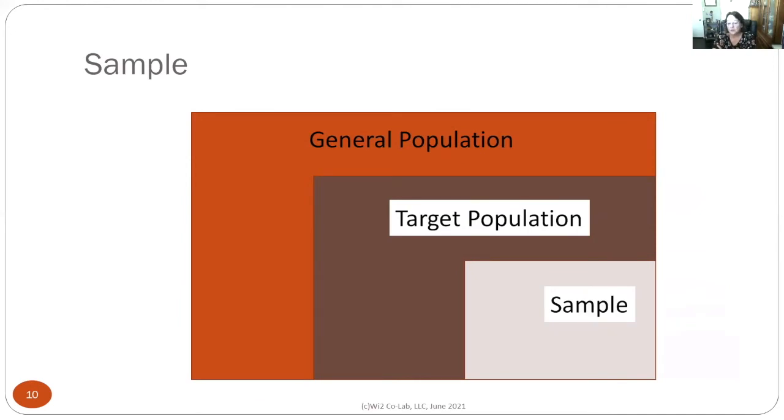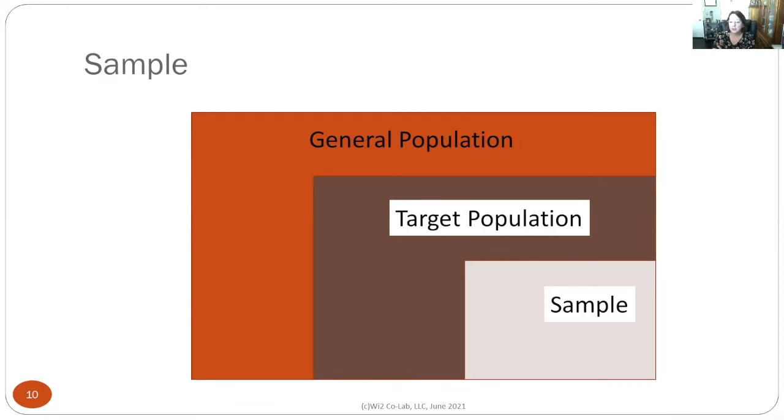So what you're trying to do is the folks that you're actually sampling, the folks that you're actually doing the study with, should have the same general characteristics, behaviors, whatever you're looking at as your general population. If you were to do the whole general population, it might be a 1 million person study, and it'd just be too overwhelming.